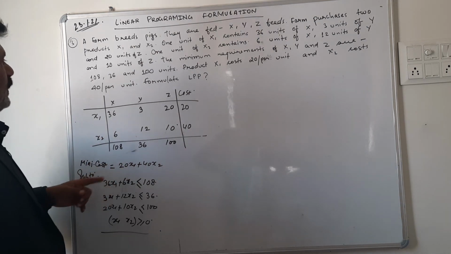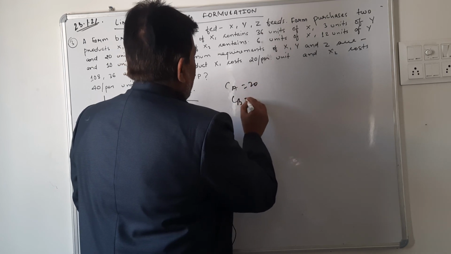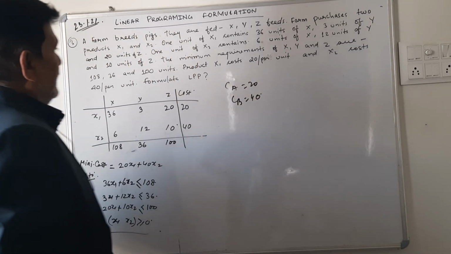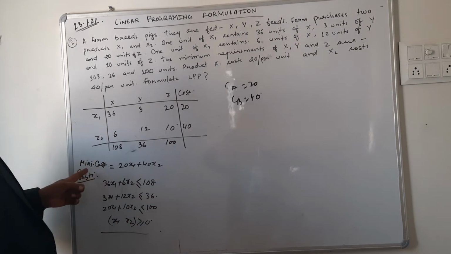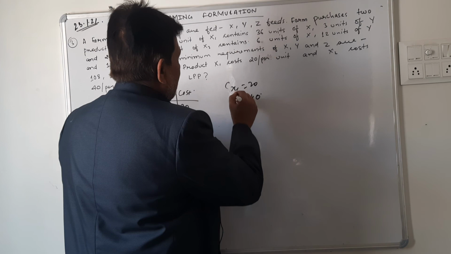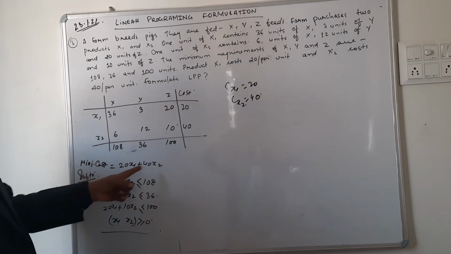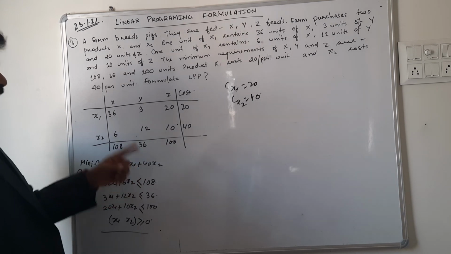So minimize cost, where the cost of x1 is 20 and the cost of x2 is 40 per unit. So minimize cost 20x1 plus 40x2. This is the cost function, this is the objective function.